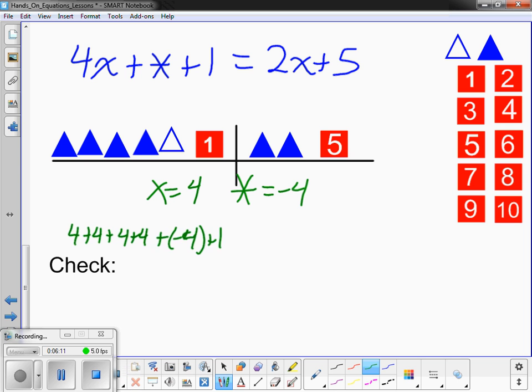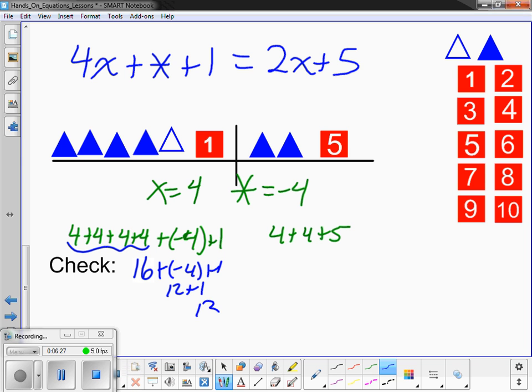That's my left-hand side. I've got 4 plus 4 plus 5 on the right. Those four 4s give me 16, plus negative 4 plus 1. 16 plus negative 4 is 12, plus 1 gives me a 13. On the other side, the 4 plus 4 gives me 8. I get 8 plus 5. That gets me 13. Those equal each other, so that works.